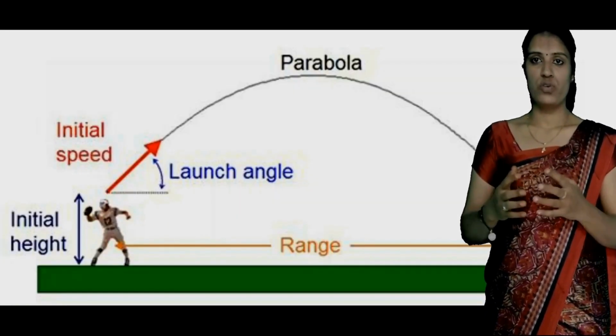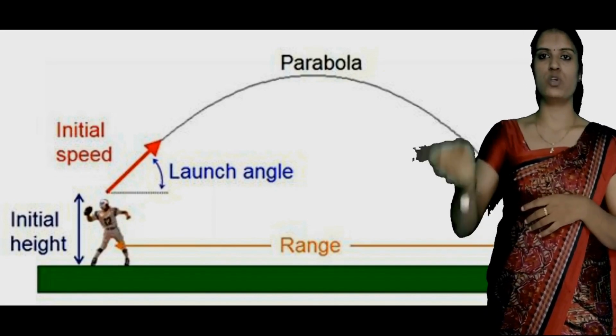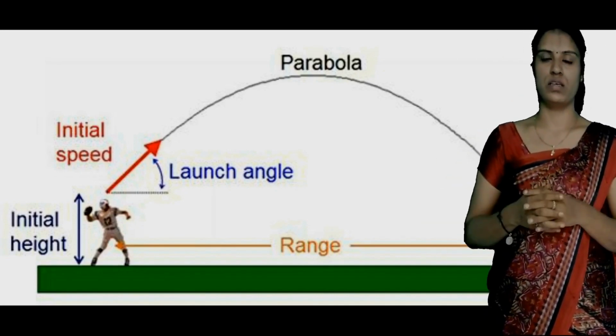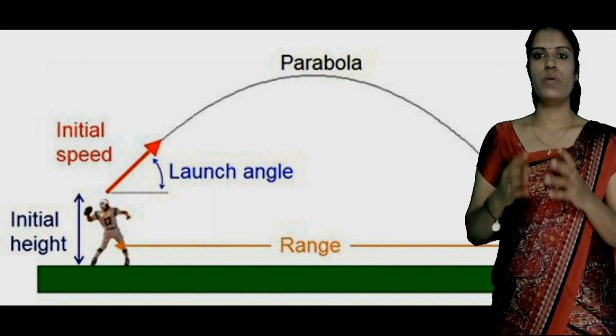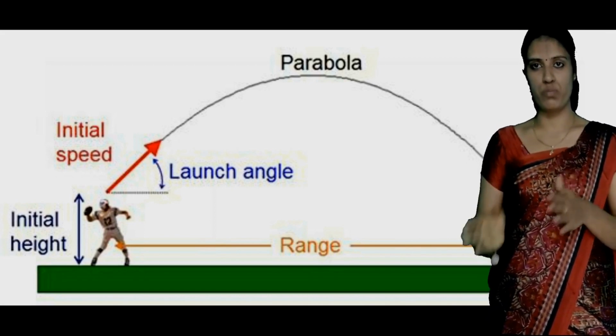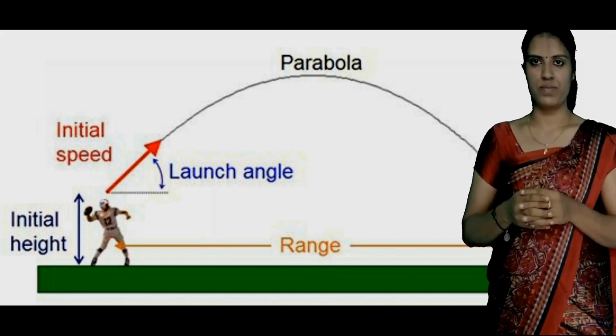As a result, the object follows a curved path, which we call a parabola. So whenever we use the term projectile motion, it means the object being projected is going to follow a parabolic path.